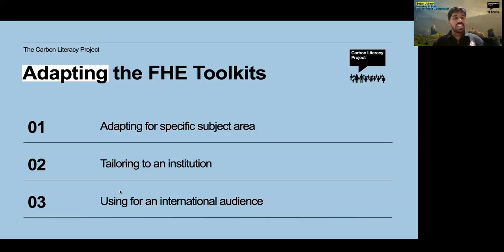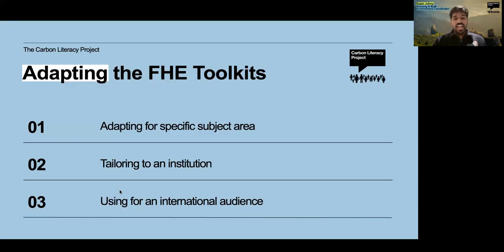For example, if you've got students in the built environment sector, or students from the healthcare team, and you would like to deliver more bespoke sessions for them, you are more than welcome to use the toolkits, adapt them, and then go through a process of criteria checking with us, where you get the course accredited, and then that would be your own standalone course that you'd be able to deliver to those students or faculty.